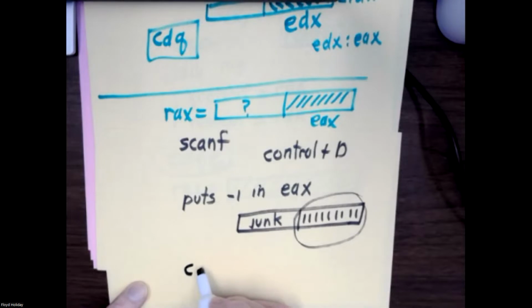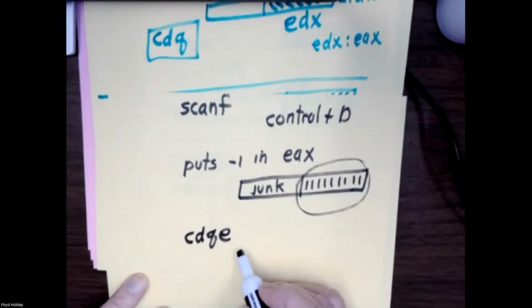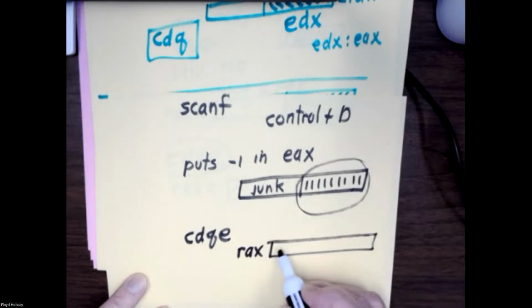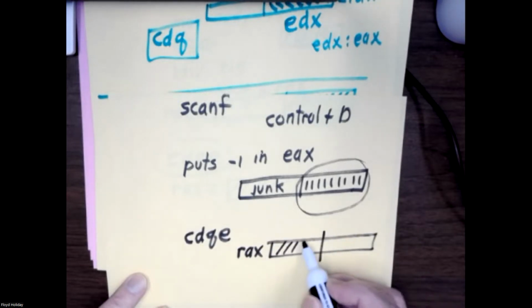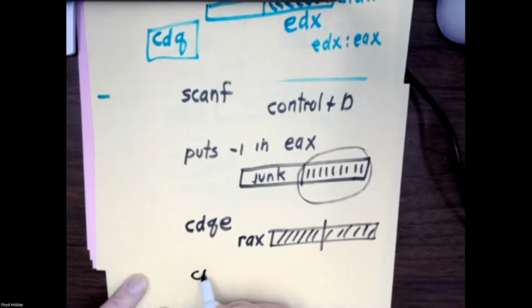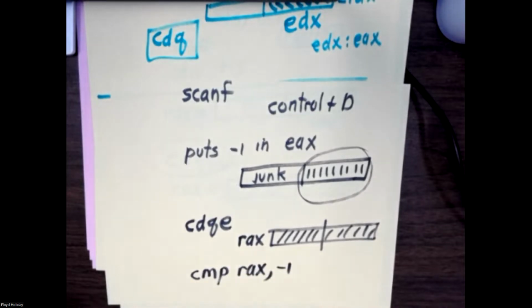That would be CDQE. And then I have a -1 in all of RAX. Then I would compare RAX with -1. And I can find out if there's been a Control D pressed.